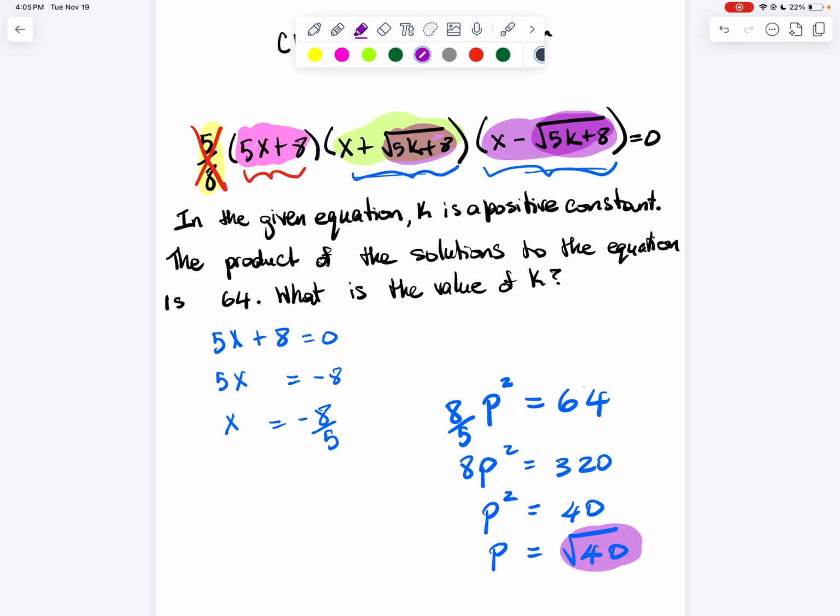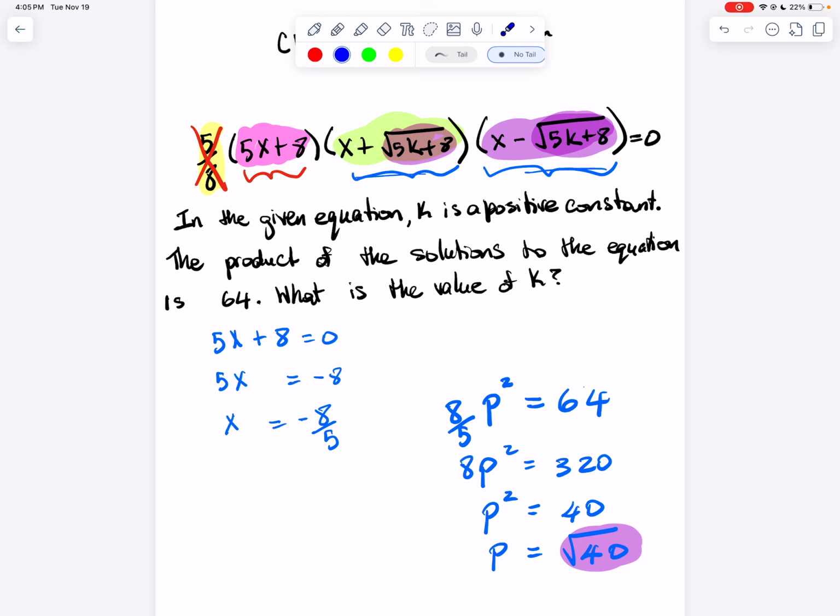That is the match that we've been looking for, because we know that the solution that comes out from here, like this x value right here, is root 40. And you know that this whole thing has to be equal to 0. So root 40 minus root 40 is equal to 0. So that is going to give the solution.